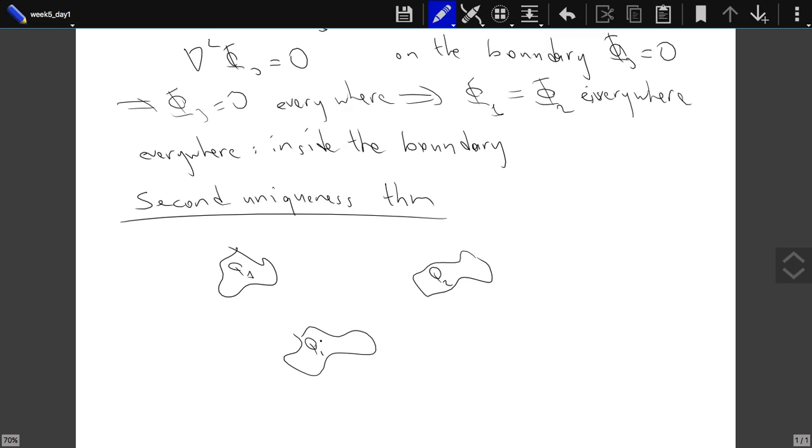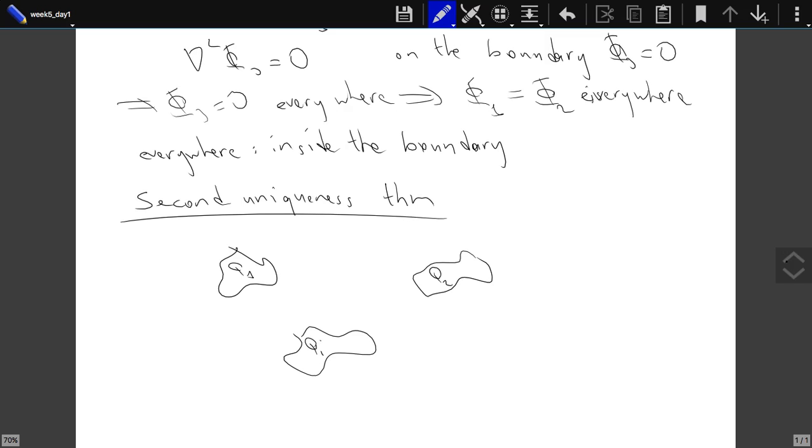Let's call this one Qi. And you can have an arbitrary number of charges. Now the question is, is the solution to this problem unique? We don't know how the charges are distributed in the conductor. Since we don't know how they are distributed, we don't know what the potentials of the conductors are. But we know that the surfaces of these conductors are equipotential surfaces. That is the thing we know.